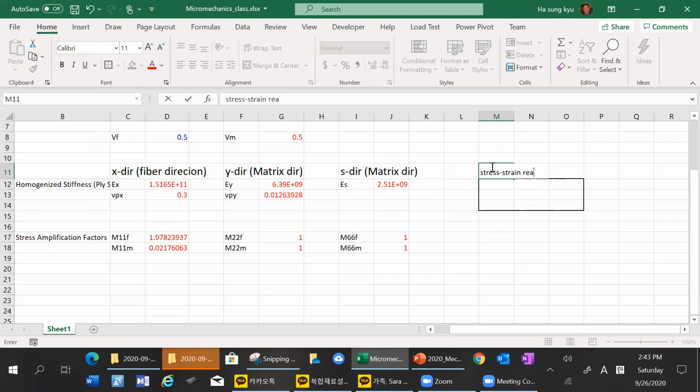Stress-strain relations. This is the 1 over EX.